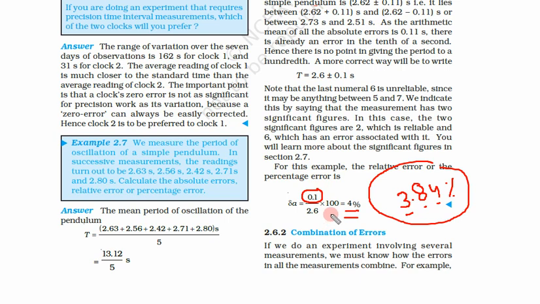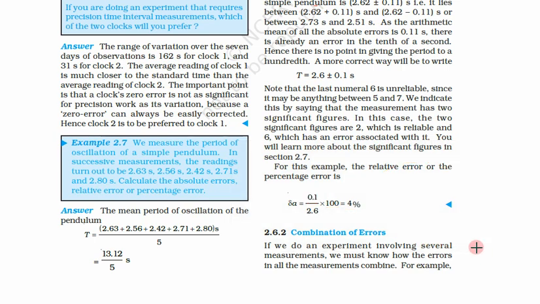So this has 3 significant digits, this has 2 significant digits, this has only 1 significant digit. So we will report our number with 1 significant digit, that means 4%. We will not write it as 3.84. That is just because of the significant digit, or sometimes we say significant figures.